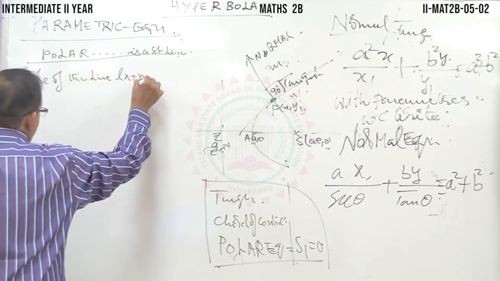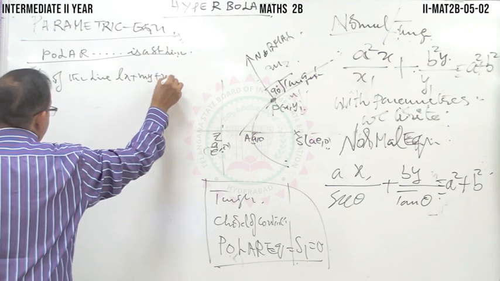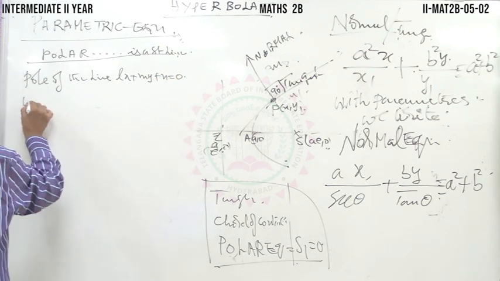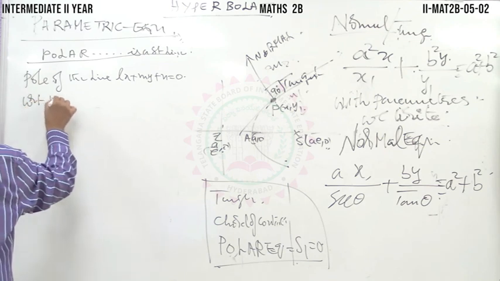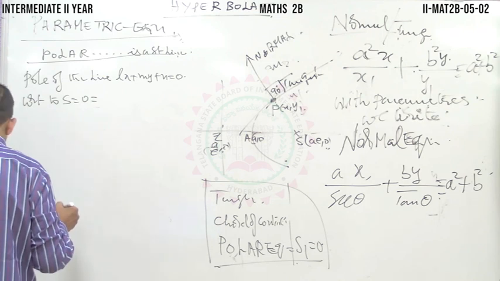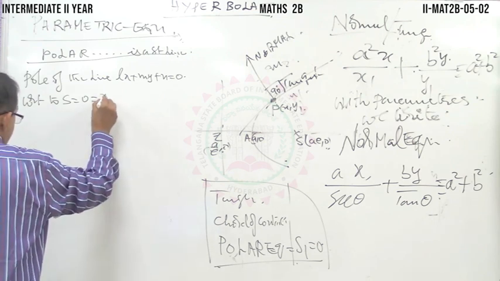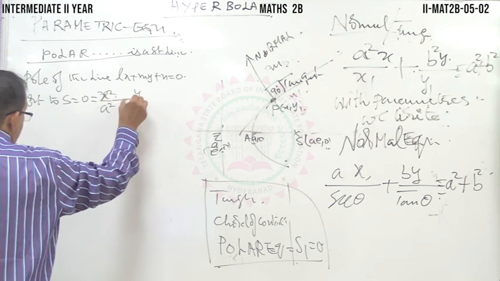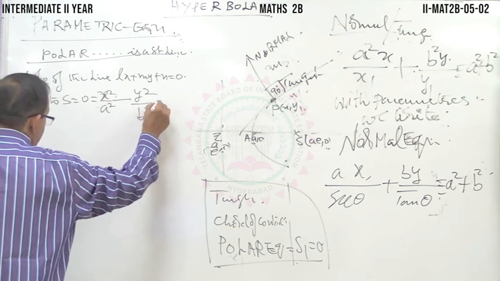Lx plus my plus n equal to 0, with respect to the hyperbola S equal to x square by a square minus y square by b square equal to 1.